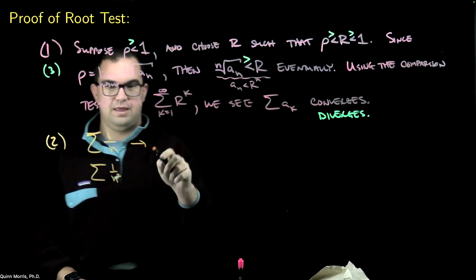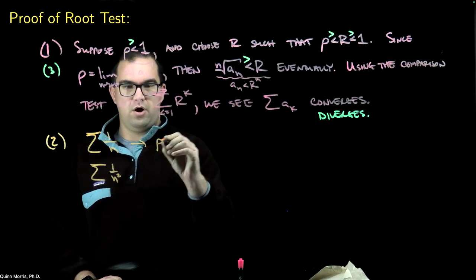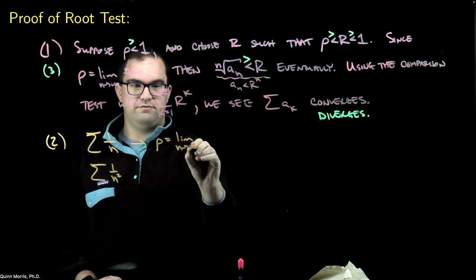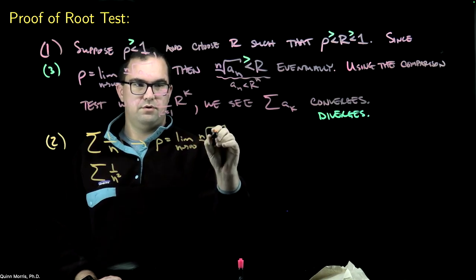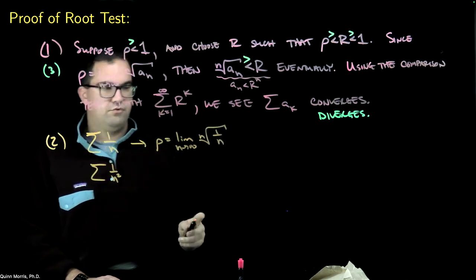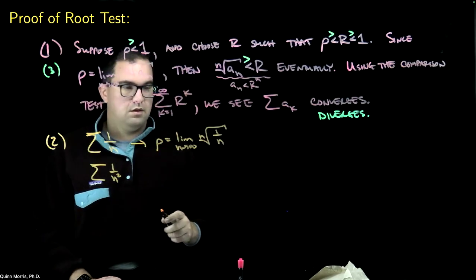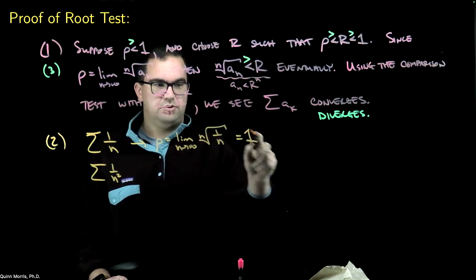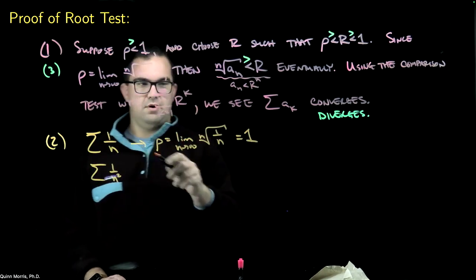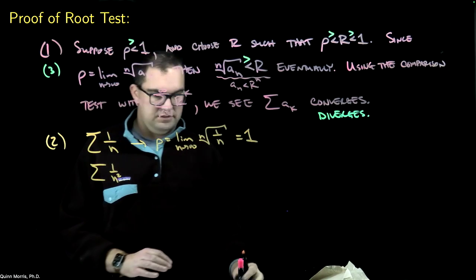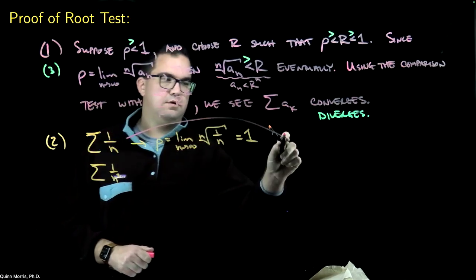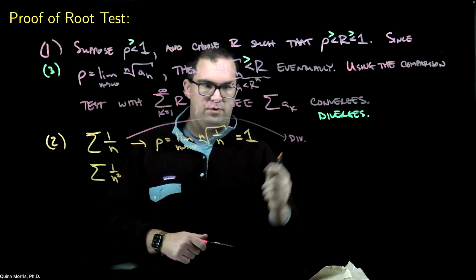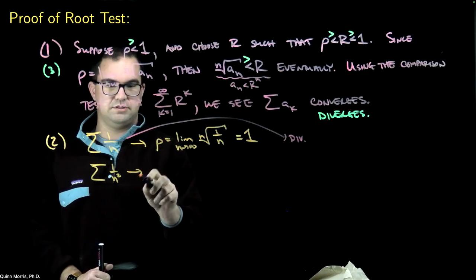Here, if I calculate the value, rho would be equal to the limit as n goes to infinity of the nth root of 1 over n. If you calculate this, you will get that this is 1, but we know that this series diverges. Okay. So when rho is equal to 1, here's an example of something that diverges.